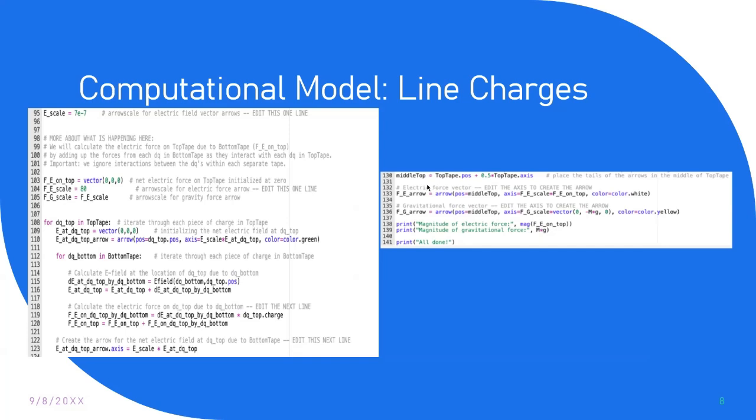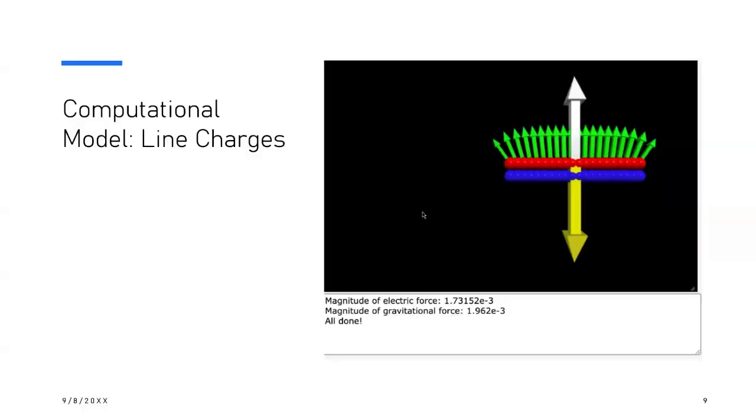We then create an arrow to represent the electric force and an arrow to represent the electric field. And when we run the code, these are our results. The green arrows represent the electric field due to the bottom tape on the top tape. The white arrow represents the magnitude of these green arrows, and the yellow arrow represents the force of gravity on the top tape.